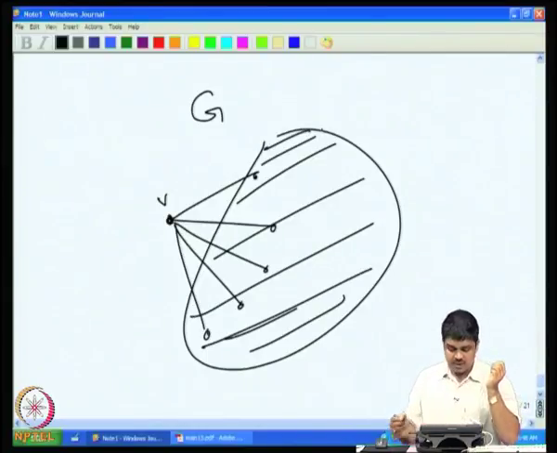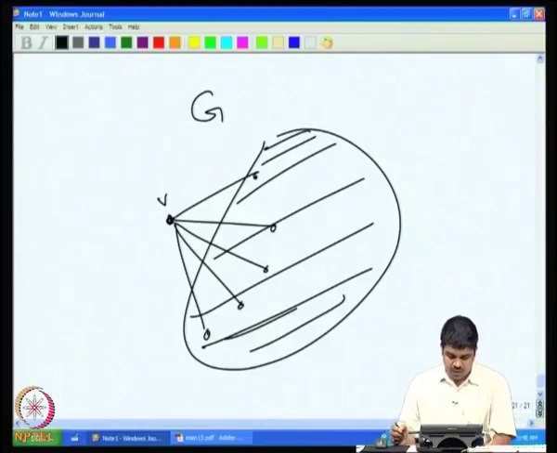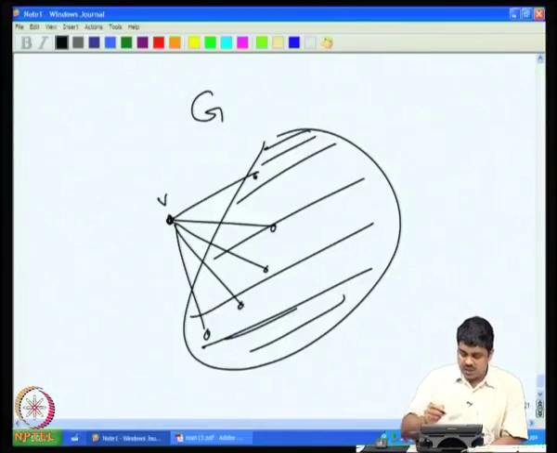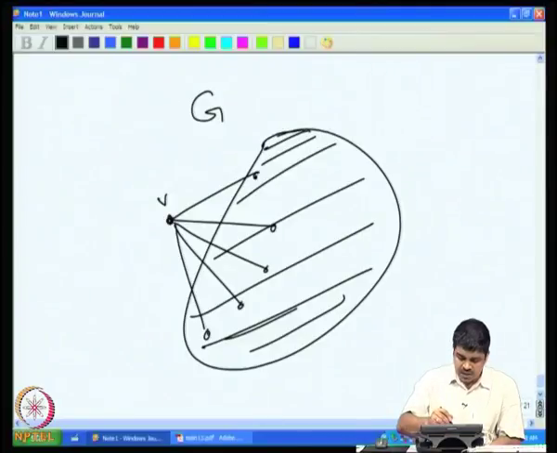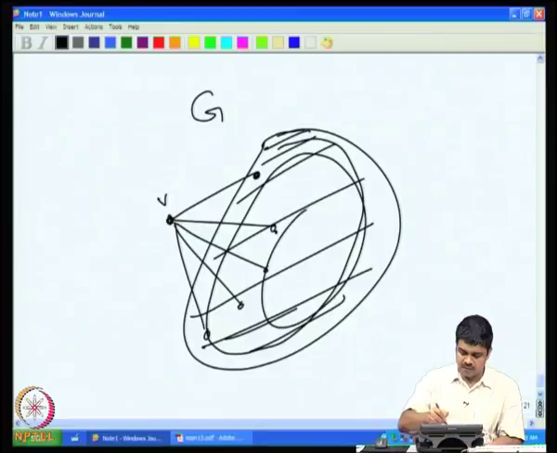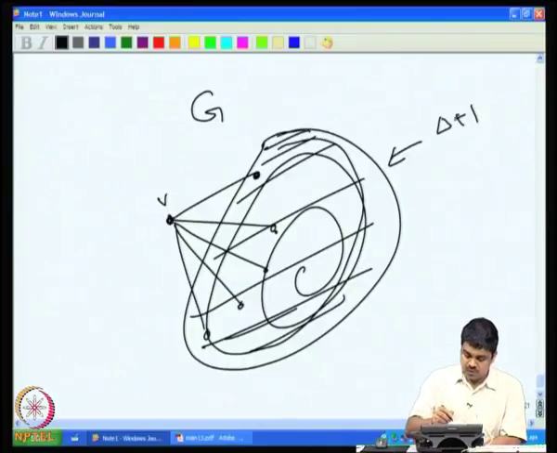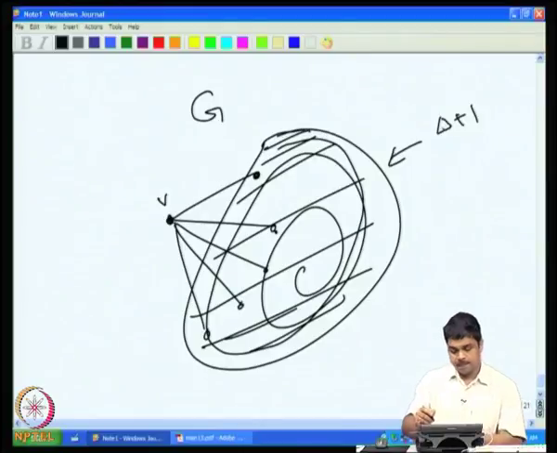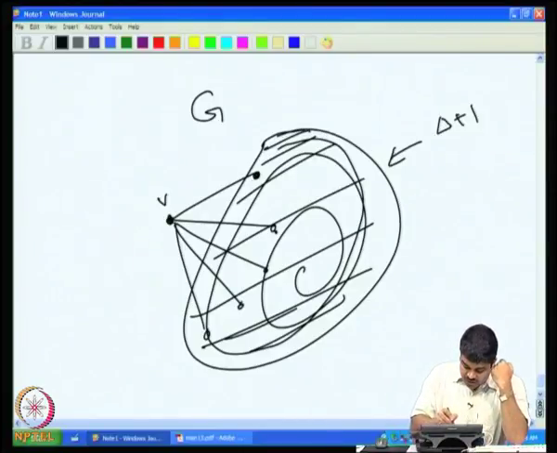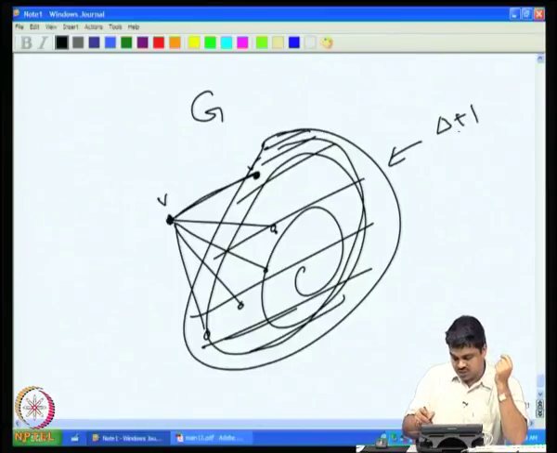Now if this is a complete graph, you can see that all these vertices here will have the same degree in the complete graph. So now we have delta plus 1 coloring for this, right. Now you can see that, essentially because this vertex is connected to this, the degree will have to go one more. So essentially it's a delta coloring for this thing, right.